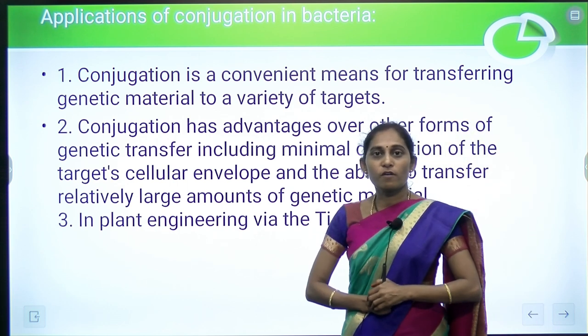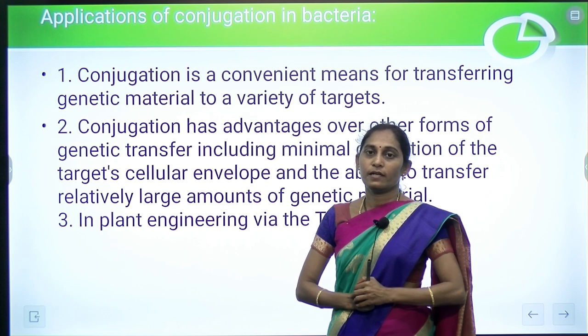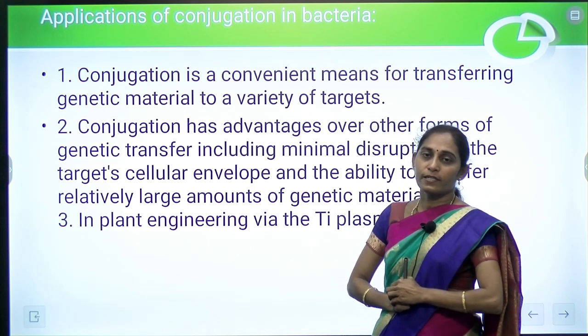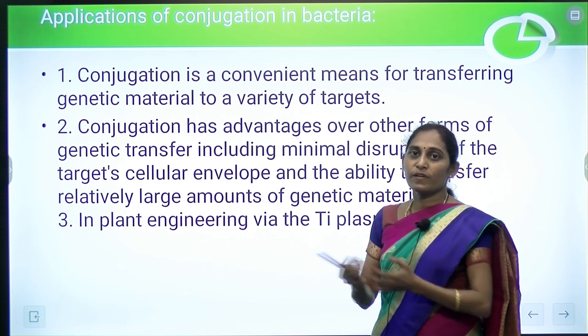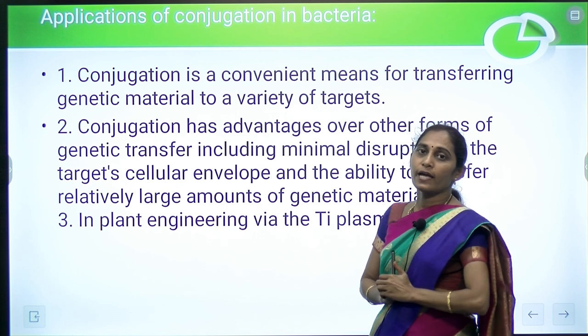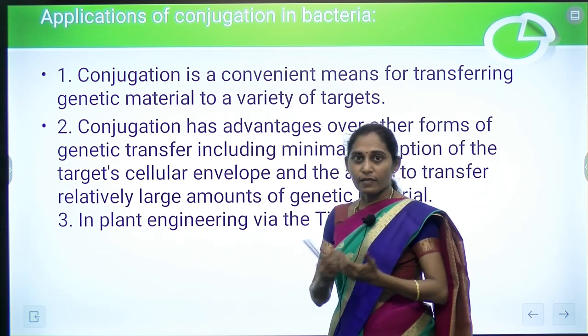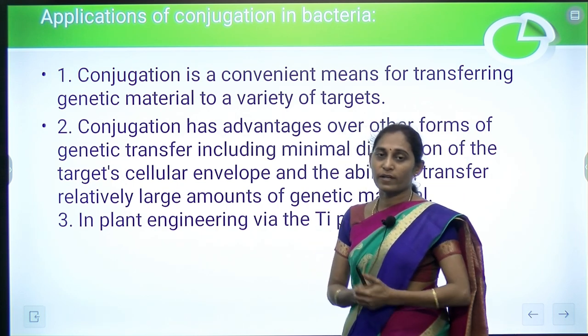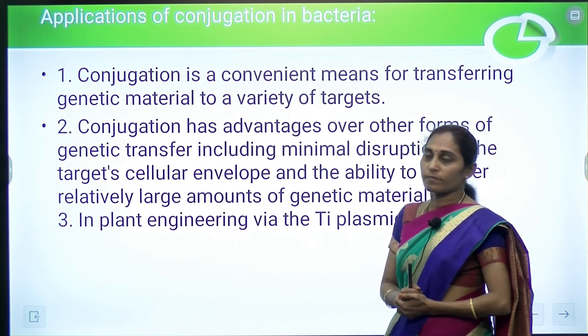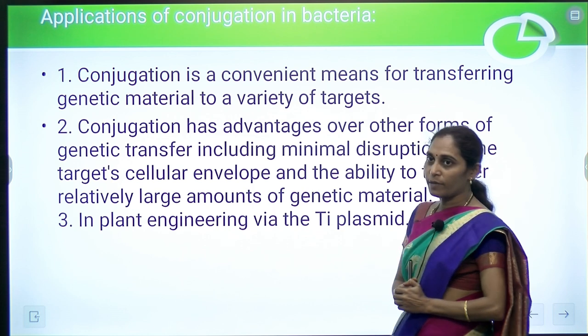This is the process of conjugation, and there are various applications, especially in transferring genes from one organism to another. They can act as vectors or transferring agents between cells. That is the first application.